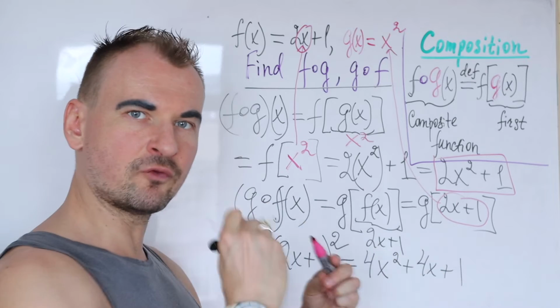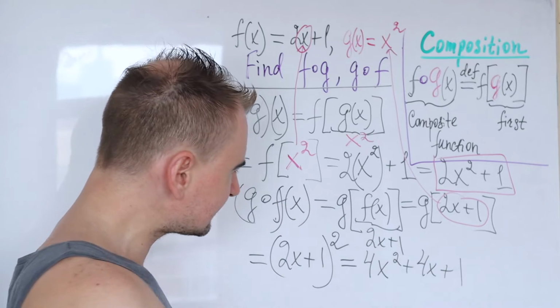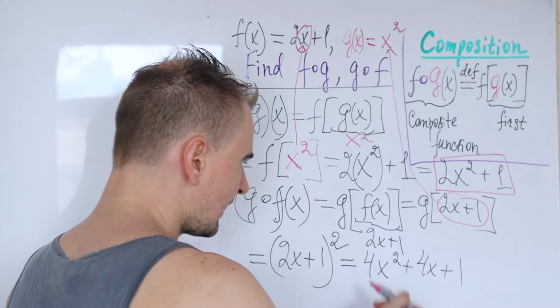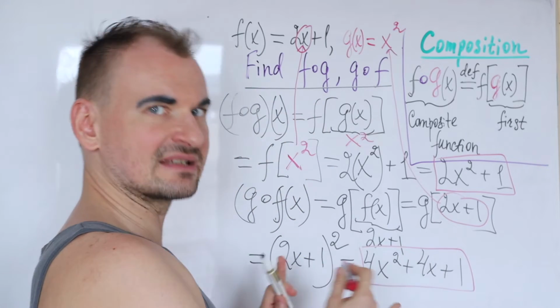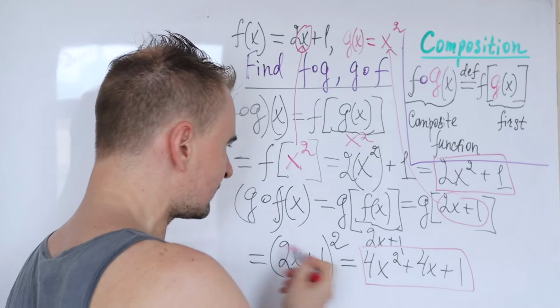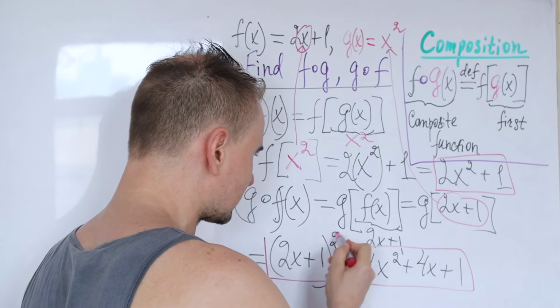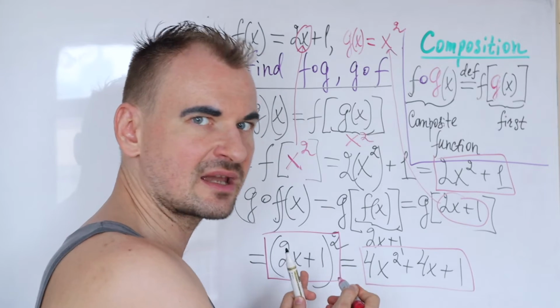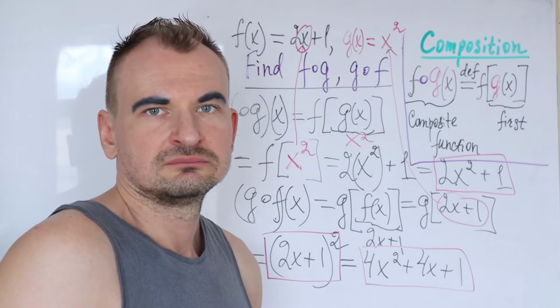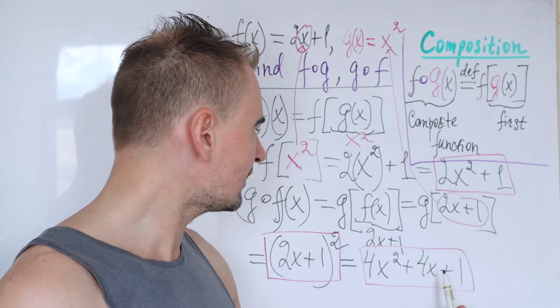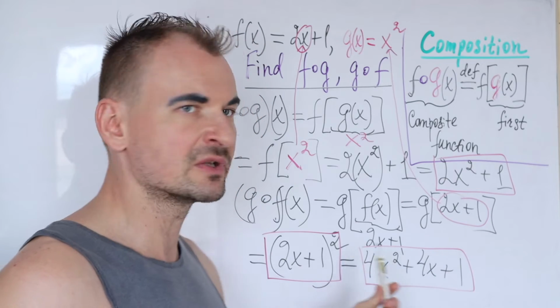You could just simply FOIL it out, open up the parentheses, and either answer is fine at this point, so this is totally valid. You could leave your answer like this. It's just a matter of writing the trinomial or just a binomial squared.